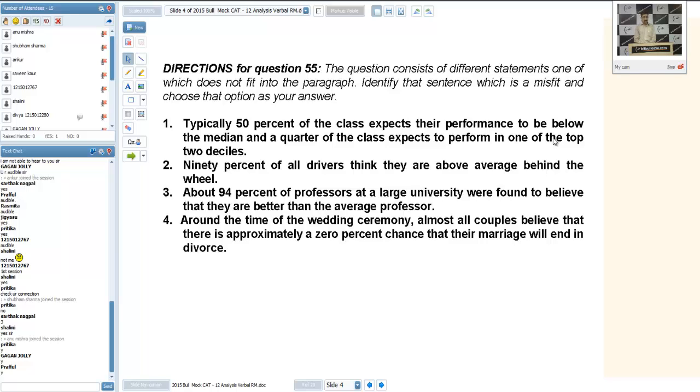So track the sentence in which below average is mentioned, and link together the 3 sentences in which above average, par, or better than average is mentioned. So these sentences are 2, 3, 4, and I think the first one is out.